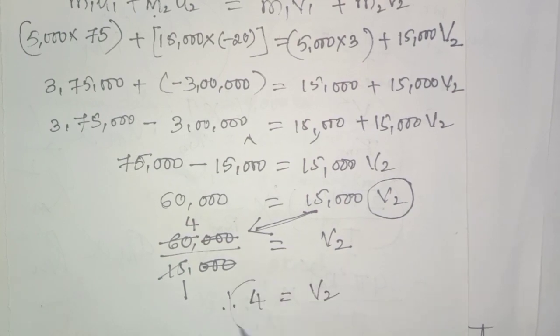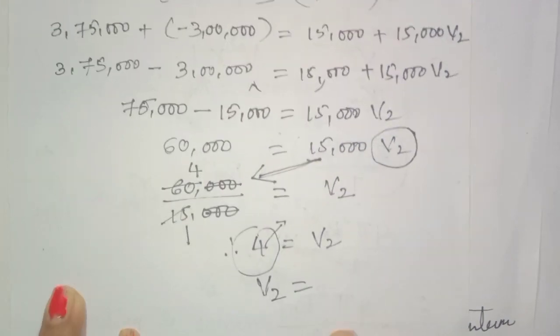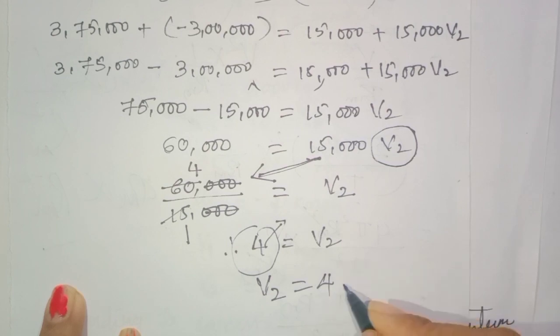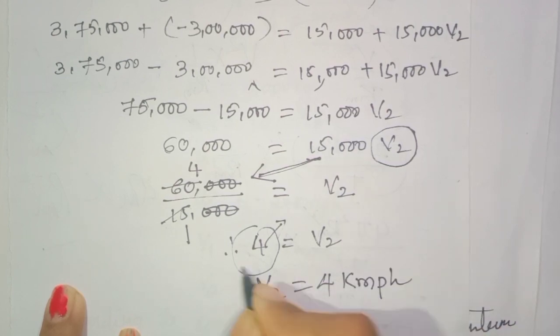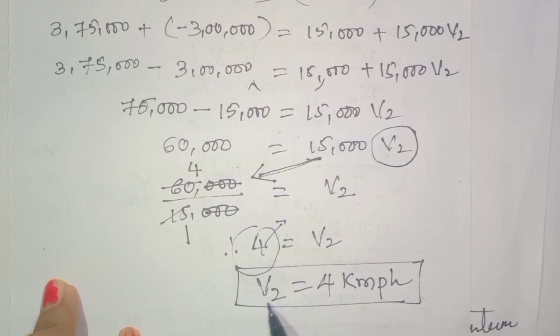We have to write the unit properly here. So what is the unit? V2 is equal to 4. What is the unit of speed? We have mentioned in the previous data, that is kilometer per hour. So now what is V2? V2 is the velocity of the wagon after the collision. Then with this velocity, after the impact, the wagon will travel. Is it clear? This is the answer.